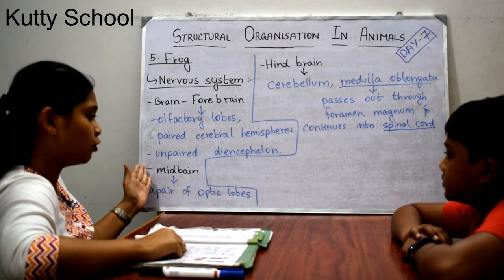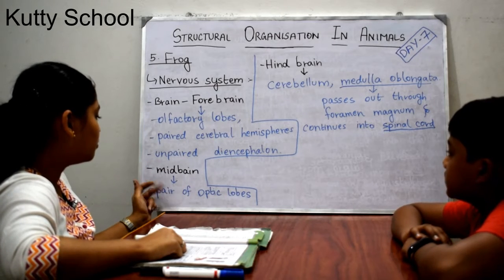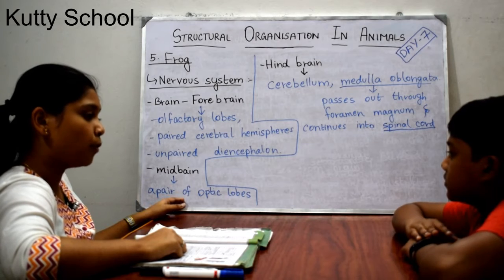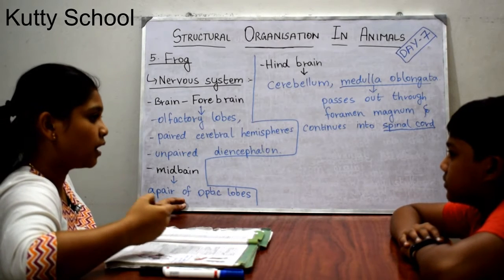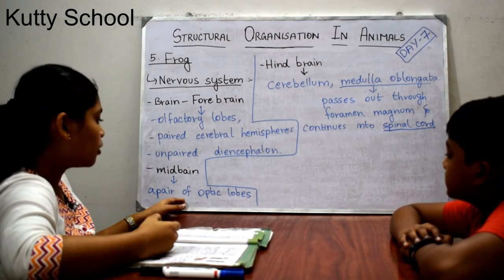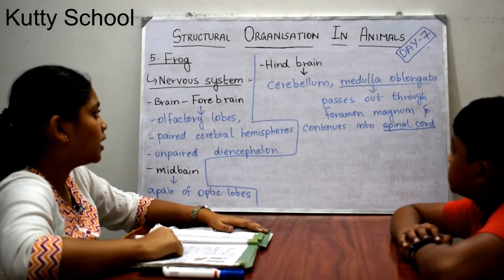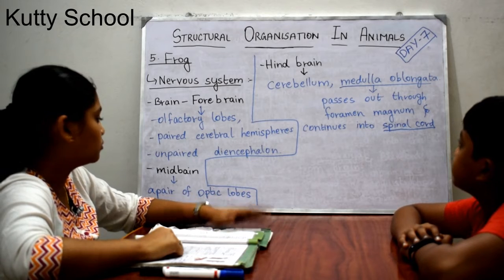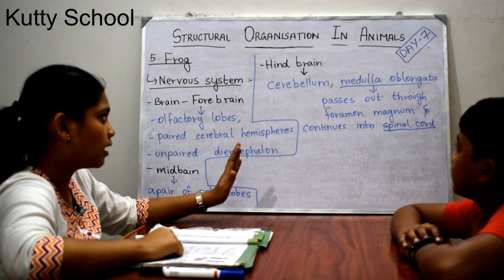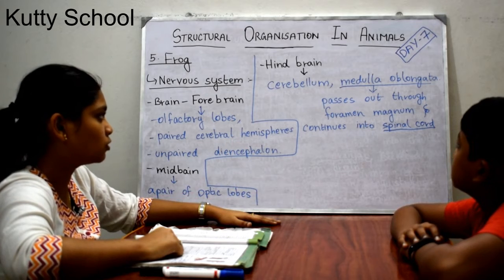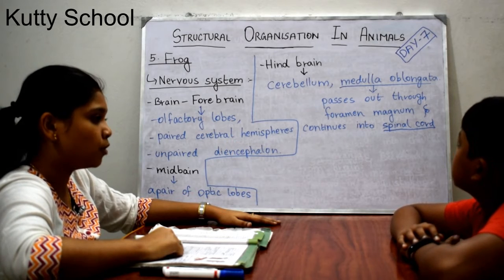So this is the forebrain. In the midbrain, a pair of optic nerves connects the eyes, and two optic lobes are present. The last one is the hindbrain, which consists of the cerebellum and medulla oblongata.